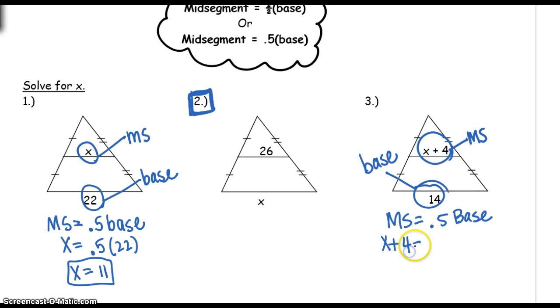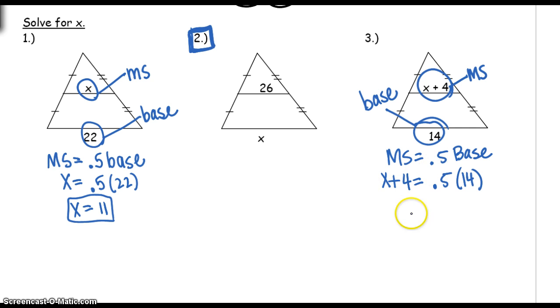So x plus 4 is our midsegment, and we know that that's 0.5 or half of our base, which in this case is 14. So first, find out what 0.5 times 14 is, and it is 7. Then to get x alone, we would have to do the inverse of adding 4, which would be subtracting 4. So if we subtract it, we end up getting 3.